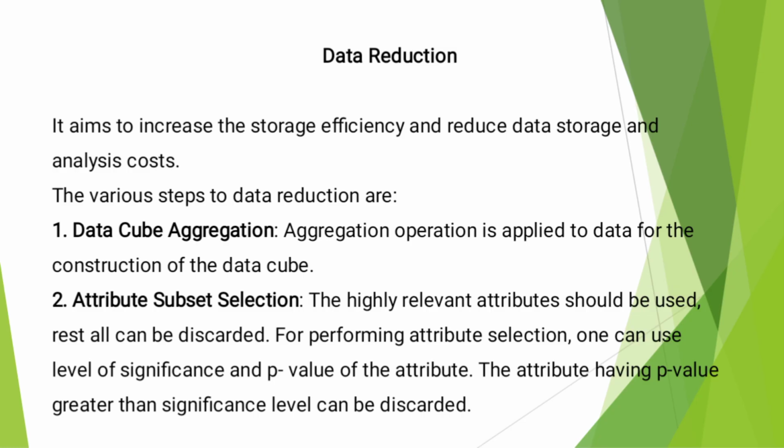The second one is attribute subset selection. The highly relevant attributes should be used, the rest can be discarded. For performing attribute selection, one can use the level of significance and p-values of the attribute. The attribute having a p-value greater than the significance level can be discarded.